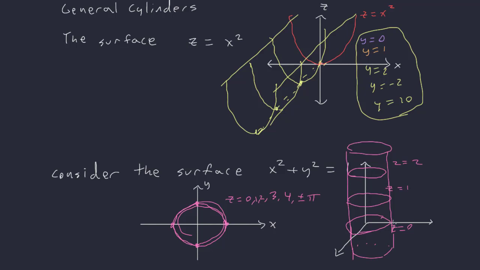Okay, but it doesn't have to be a circle. It can be something like this, a parabola, that is simply given another dimension. So that's essentially what it is. A cylinder is a circle that's just given a height. Well, a general cylinder is any curve that is either given a height or a length or what have you.